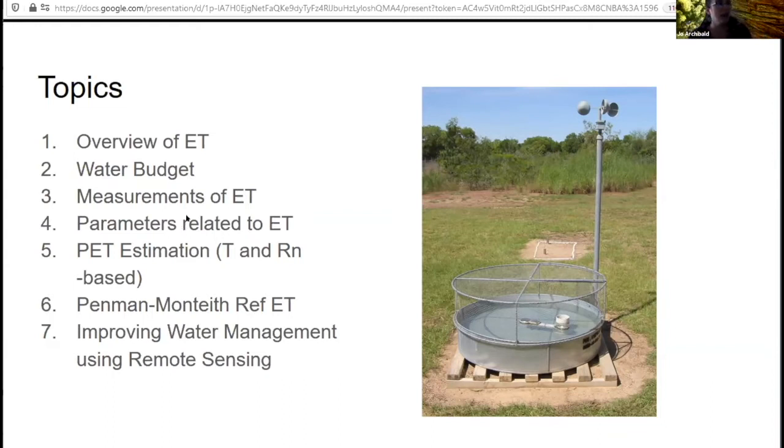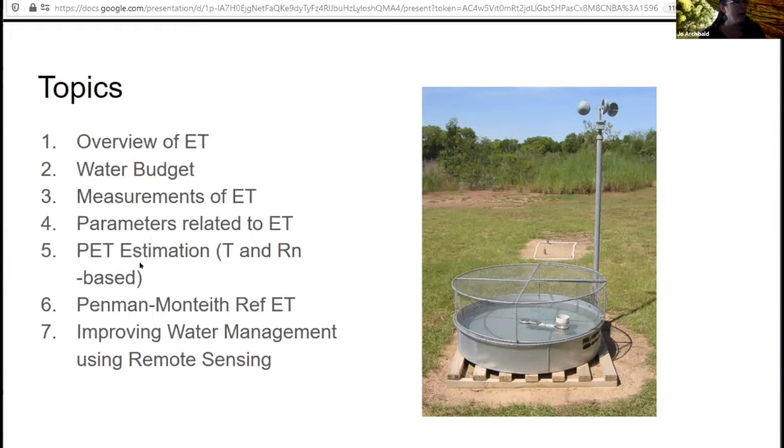Then we have a section on how we measure ET. We have a section on parameters related to ET, particularly focusing on the calculation of reference evapotranspiration, so basically all of the input variables for the Penman-Monteith equation, which is our culminating activity.